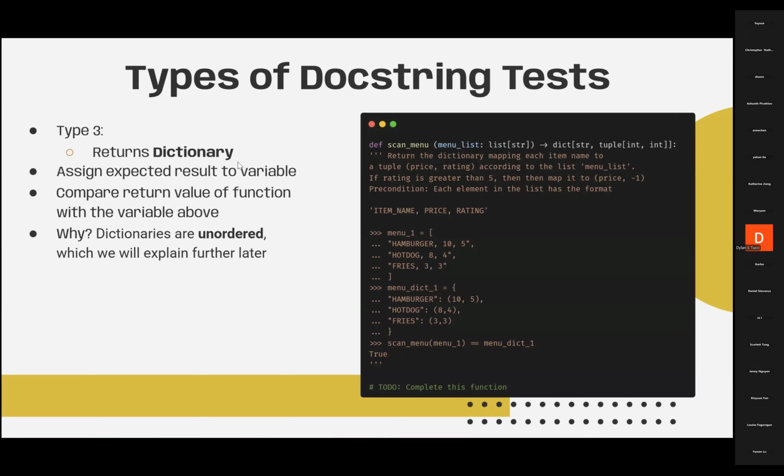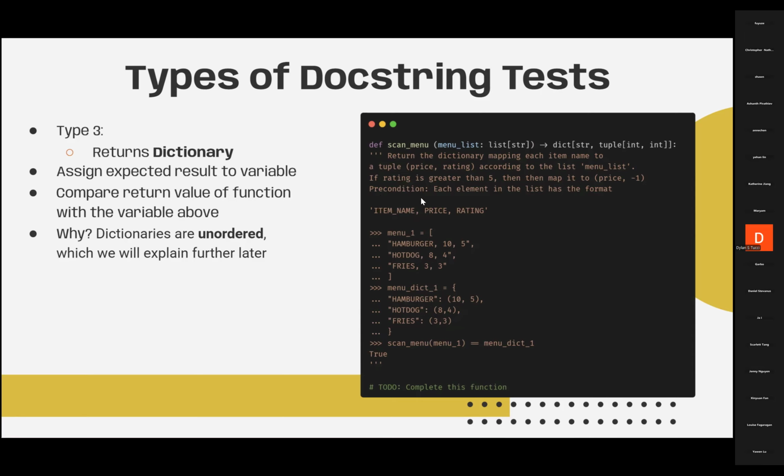And then the final type, type 3, will return a dictionary. So everything else is the same, your description. But now you want to also compare the return value of the function with the variable above. For instance, right here, if we take scan menu, it will return the dictionary mapping each item name to a tuple according to the menu list.